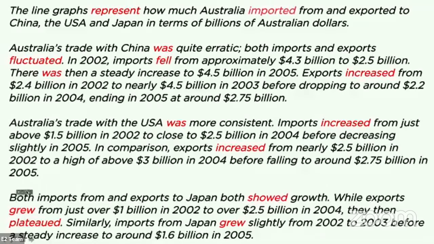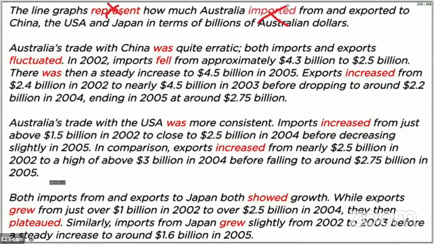Let me just show you all the beautiful verbs in this writing here. Forget this one. Let's go to here first because this is past tense. So Australia's trade with China was, fluctuated, fell, not fall, that's present simple, fell, past tense, was, increased, was, increased, increased, showed, grew, there's an irregular one, plateaued, and grew again.